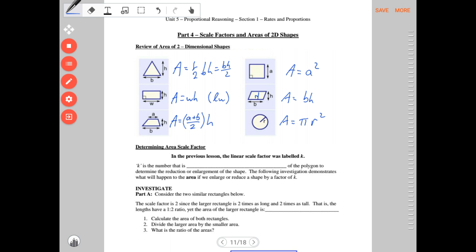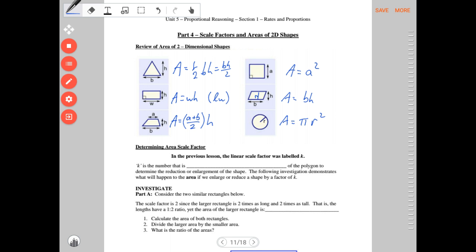Awesome. So let's determine the area scale factor. You remember last lesson, we learned the linear scale factor. We just called that k. So remember, k is a number that is used on the polygon to determine the reduction or enlargement of the shape.